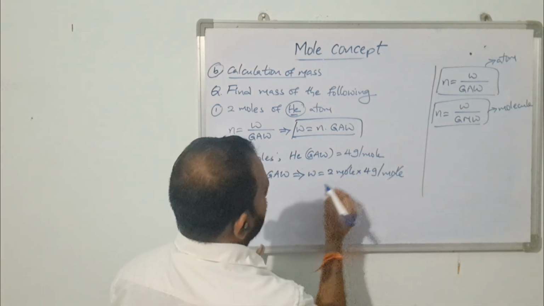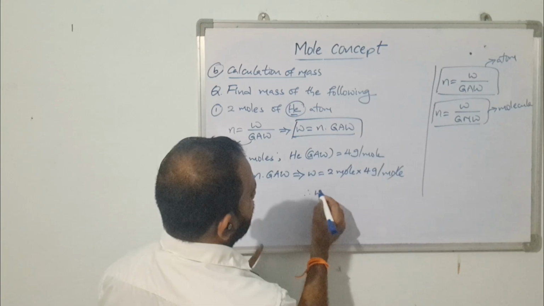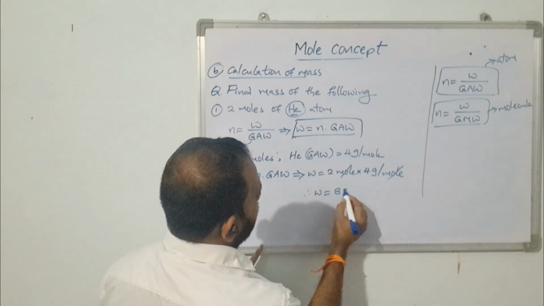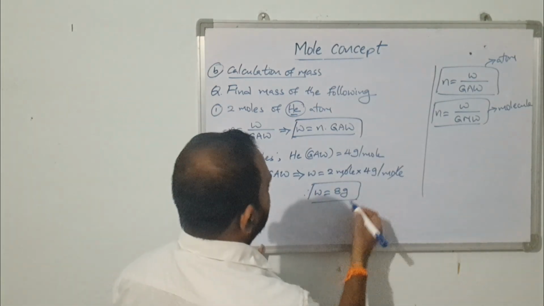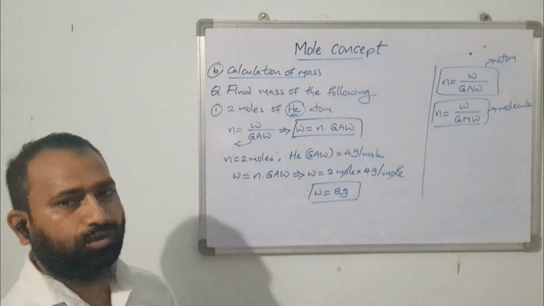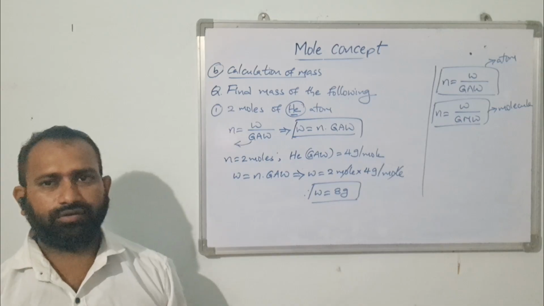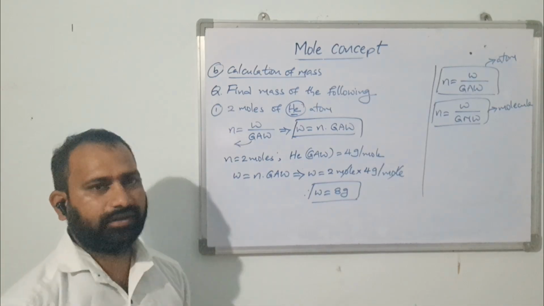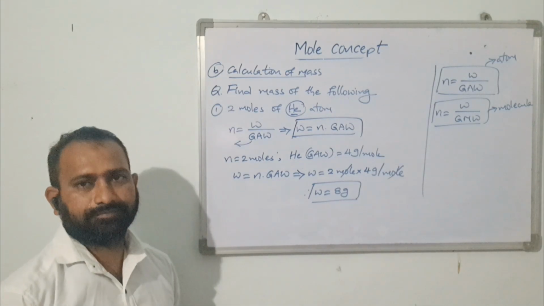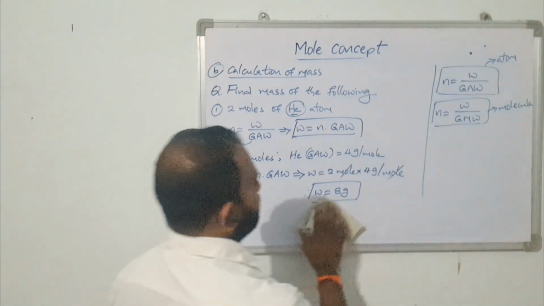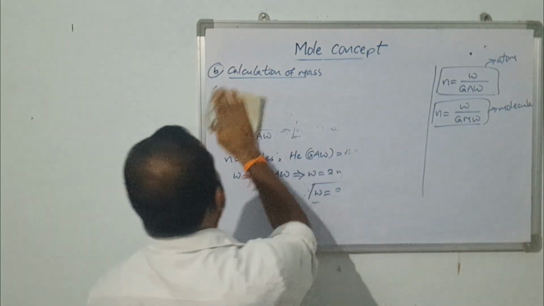So we get the mass is 8 grams. That means 2 moles of helium has 8 grams of mass. So this is the first question. Note it down.